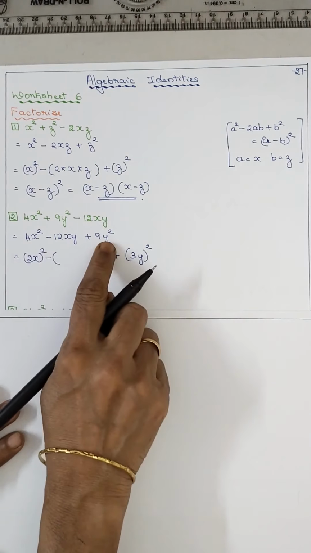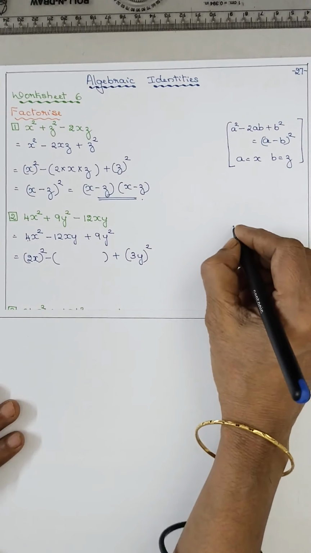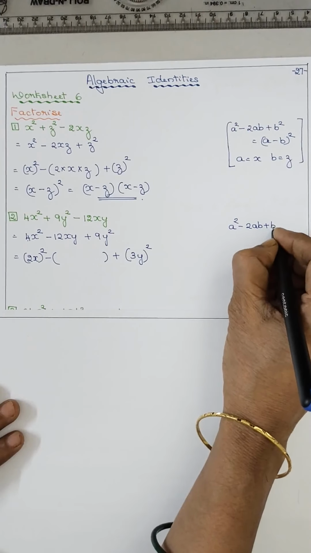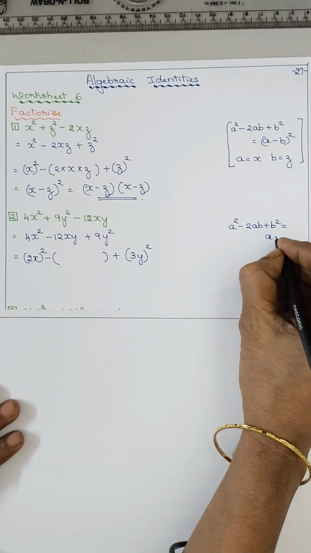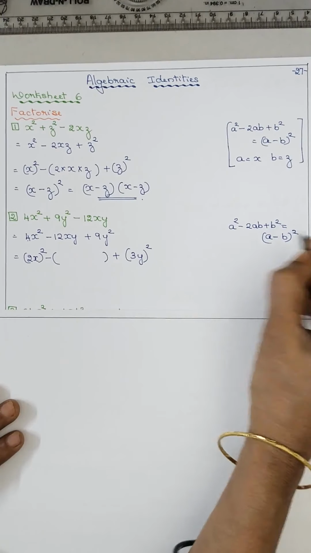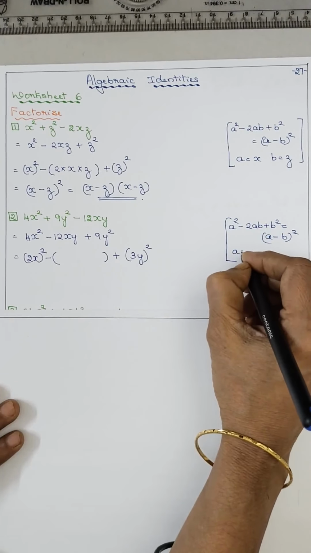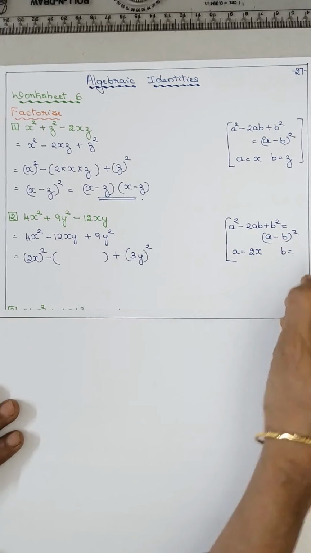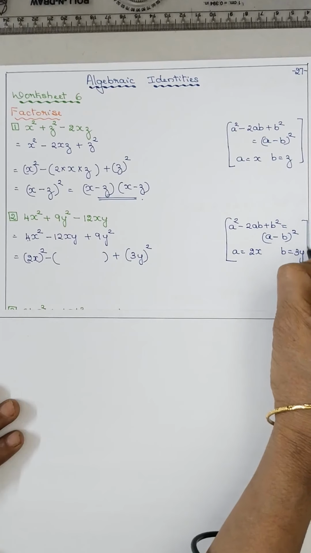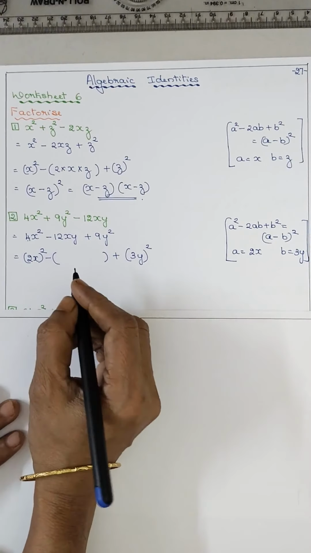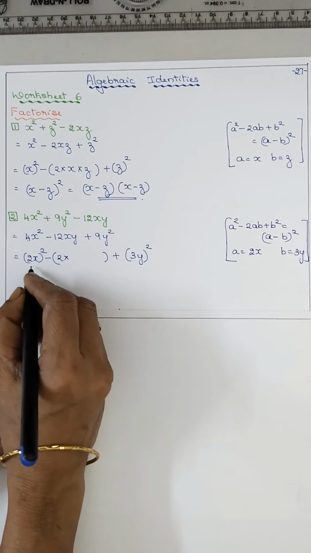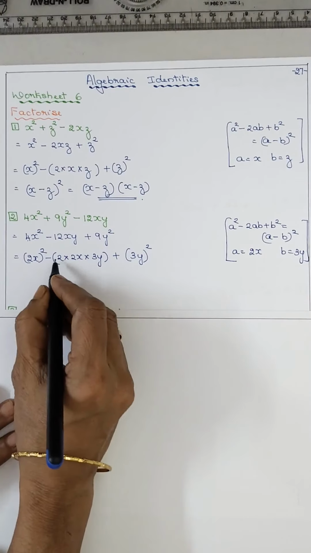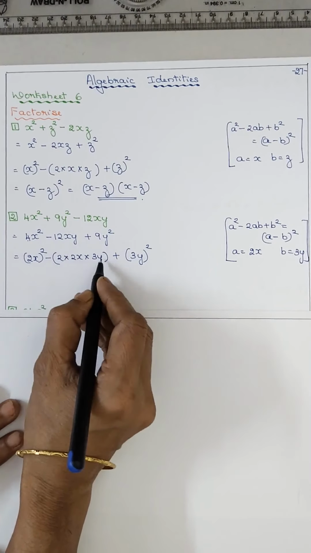So it is in the format, you can think of the second identity. It is a squared minus 2ab plus b squared is equal to a minus b the whole square. But now a is 2x and b is 3y. Check the middle term, it will be the same or not. 2 into a is 2x, b is 3y, 2 twos are 4, 4 threes are 12, xy.